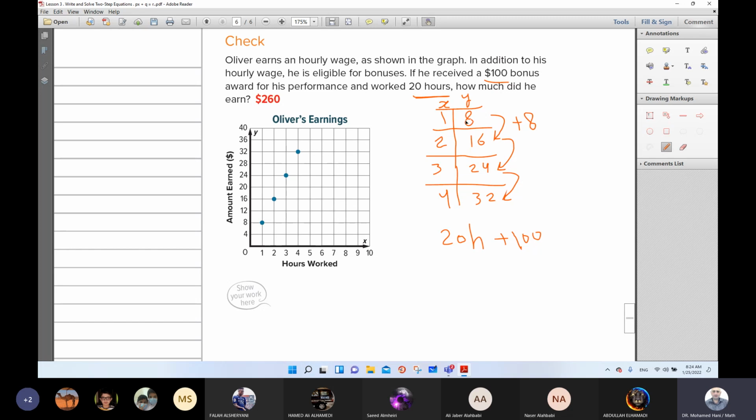So if he works 1 hour, he gets 8. So you can represent 8 times 20 plus 100. 8 times 20 will be 160 plus 100 will be 260. Will be $260.